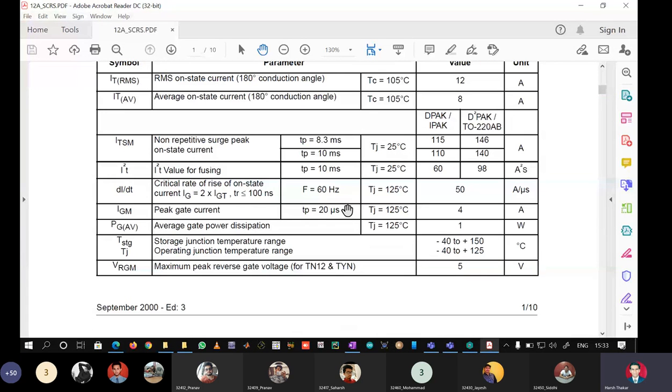So this is the datasheet of TYN 612, and we can see our I square T rating here.